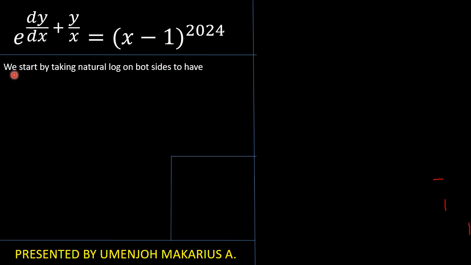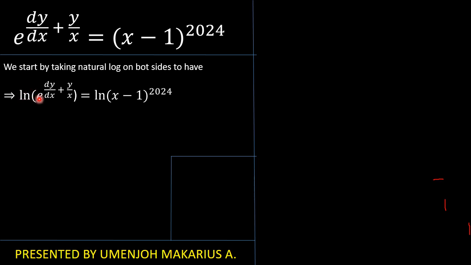So if I take natural log on both sides, I'm now going to have the natural log of e raised to the power dy by dx plus y over x, which is the same as the natural log of x minus 1, all that raised to the power 2024. That's great. And we know that the natural logarithm and e are two inverse functions, right?